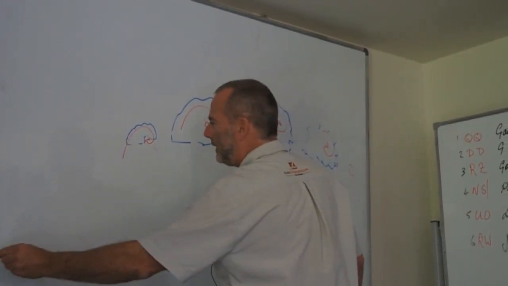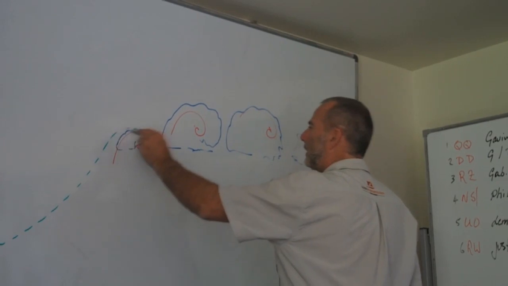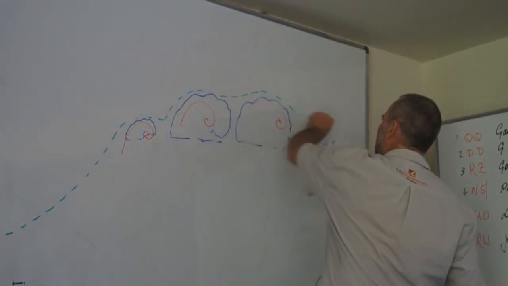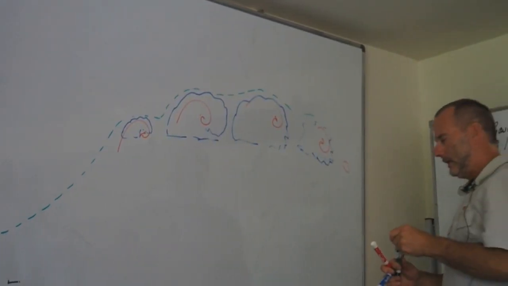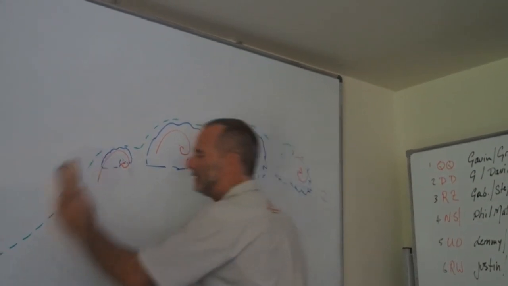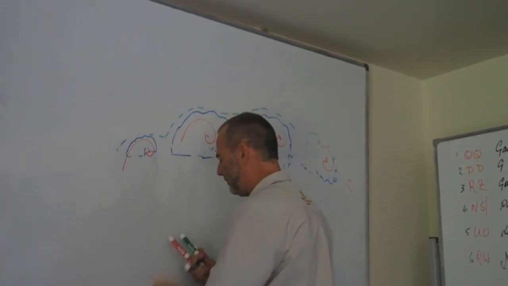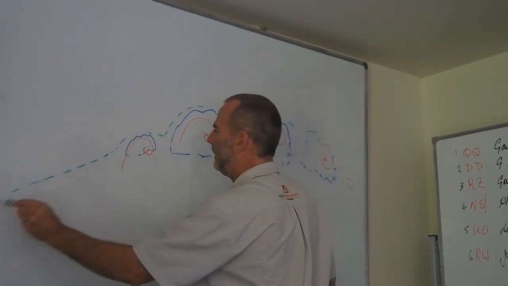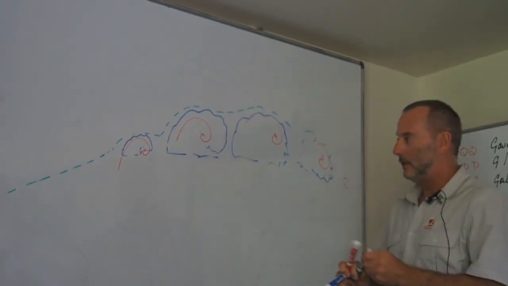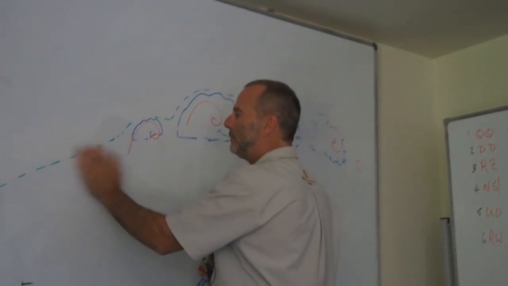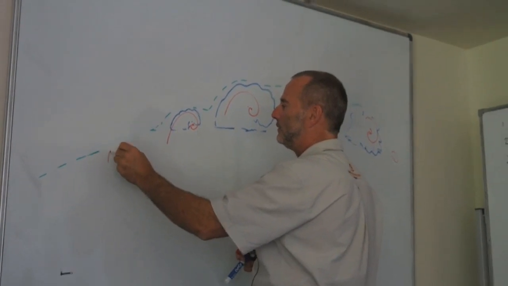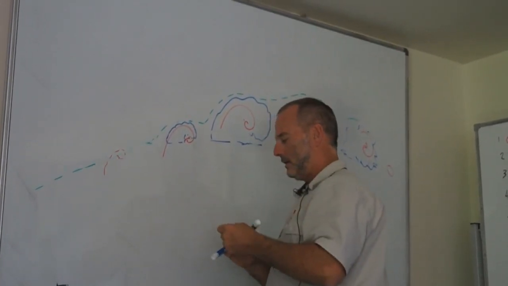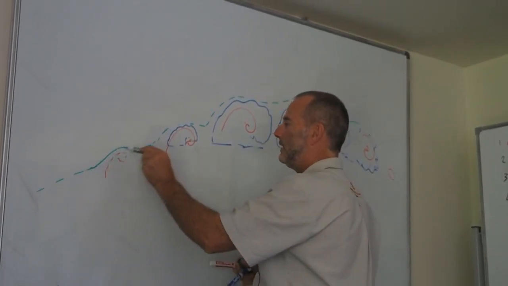This line is the inversion. Actually, that's not very realistic, it's probably more like that. Of course, a blue thermal coming up here, and there might be some weaker blue thermals, just causing another little kick.